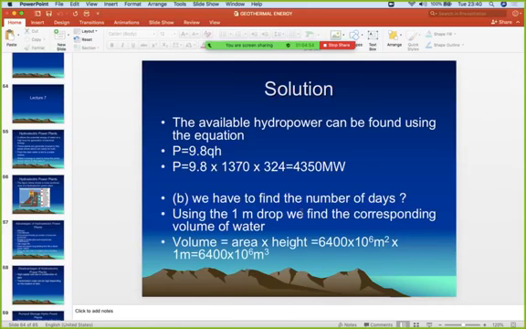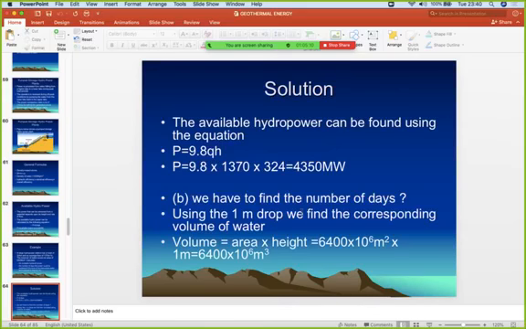By using this formula, volume equals area times height, which equals 6,400 times 10 to the 6 cubic meters. So using the 1 meter drop, that is the volume of water.